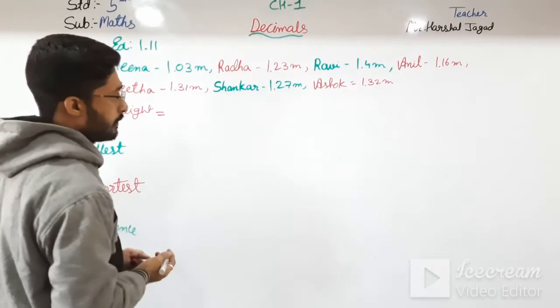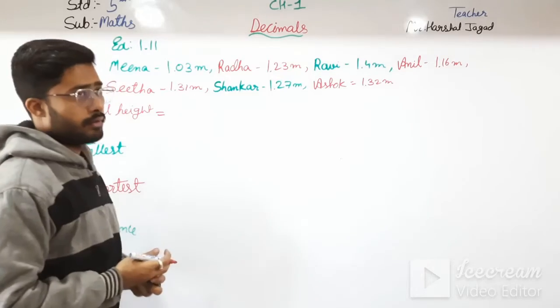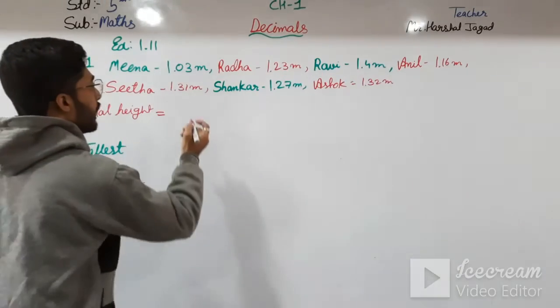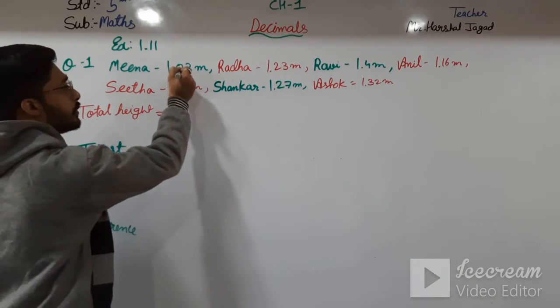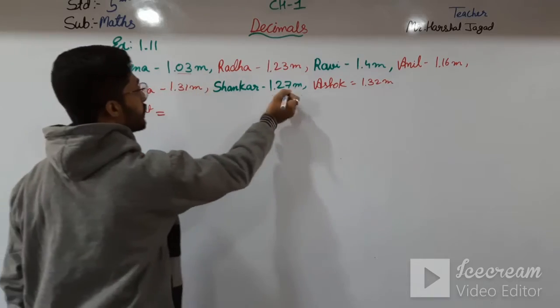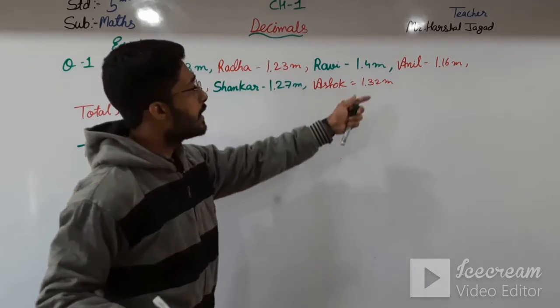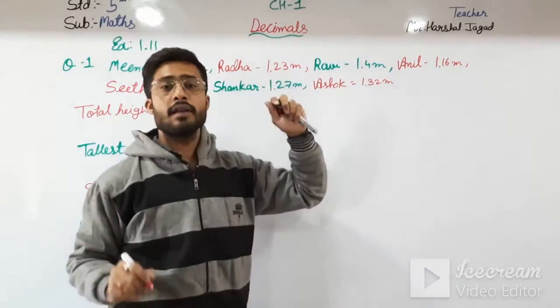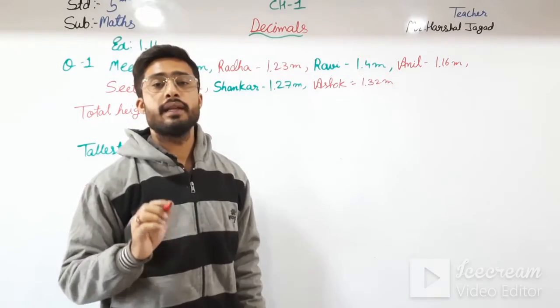So how we will find the total height? Okay, so what we have to do first of all, you can see one has a single digit before the decimal and the others have two digits after it.